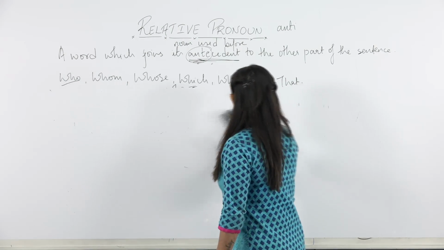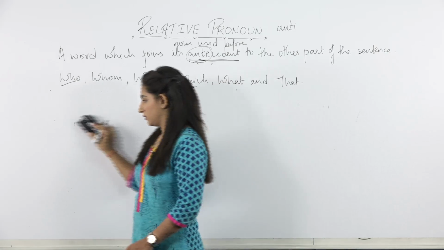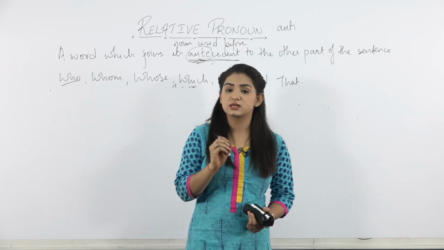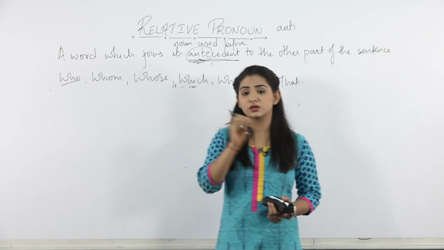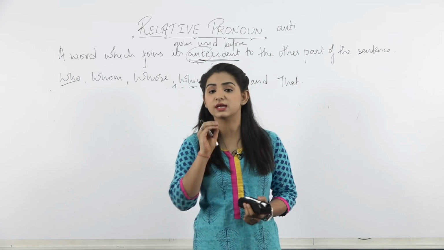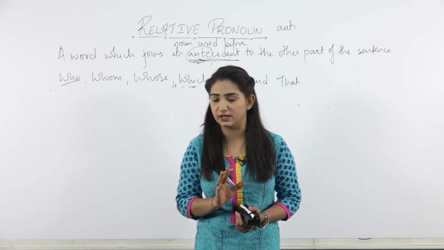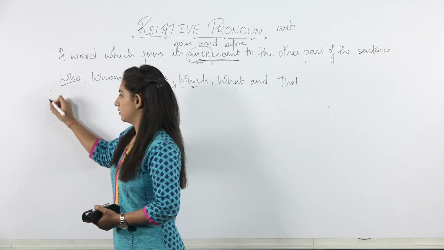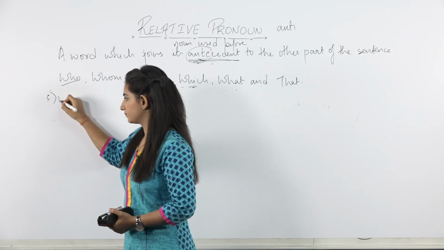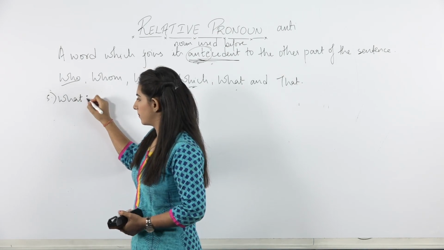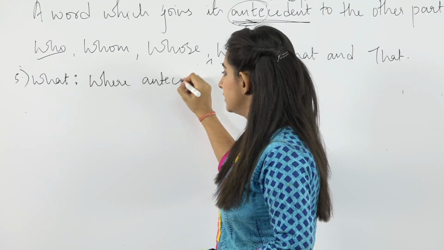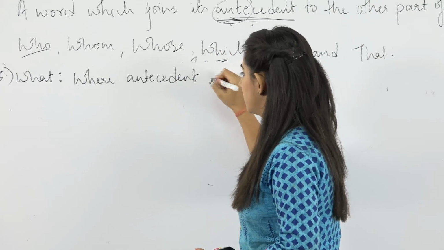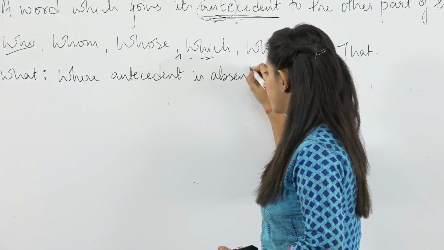अभी तक हमने जितने भी सेंटेंसेस देखे उन सब में हमारे पास क्या था? एक एंटीसीडेंट जरूर था. So far we have seen the sentences, all the sentences had an antecedent with them. But what? Where is what used? Where antecedent is absent.